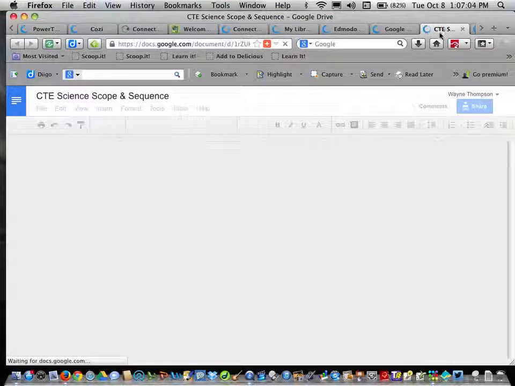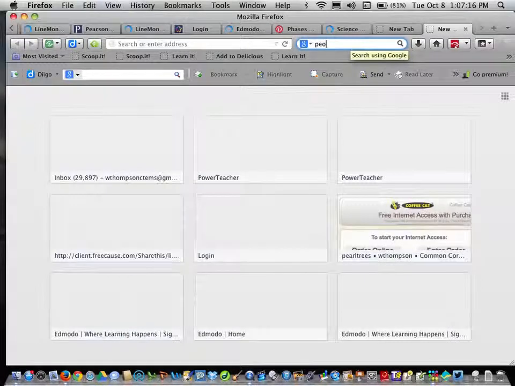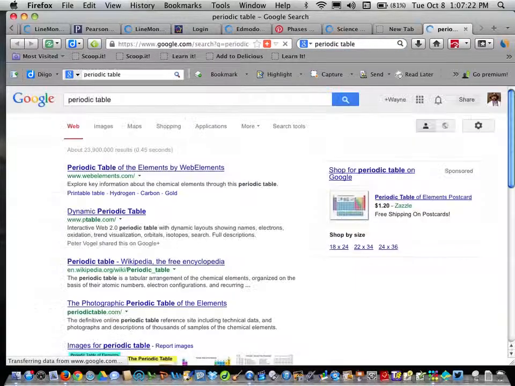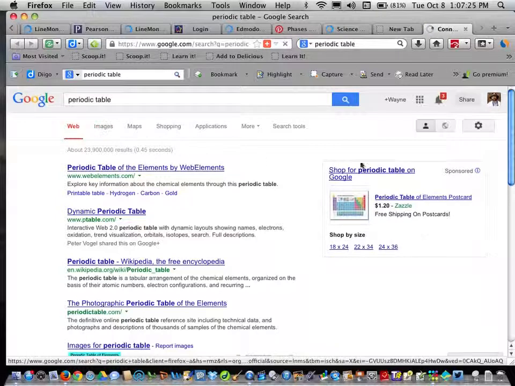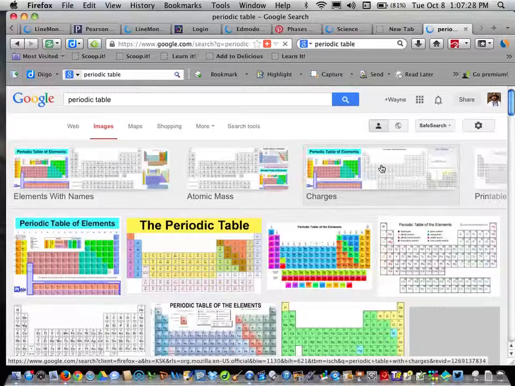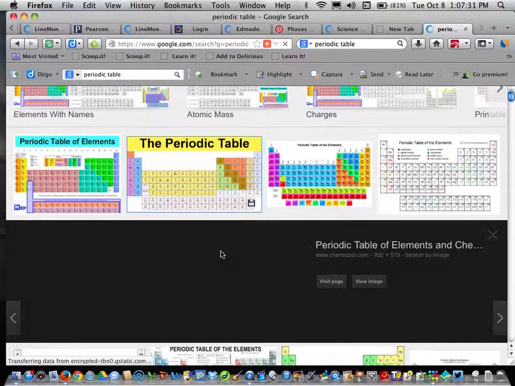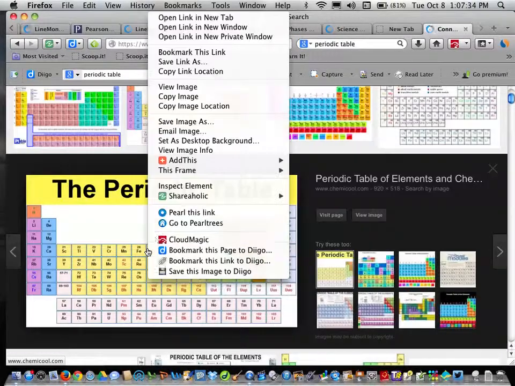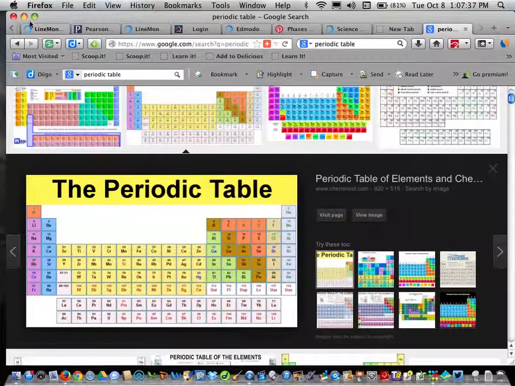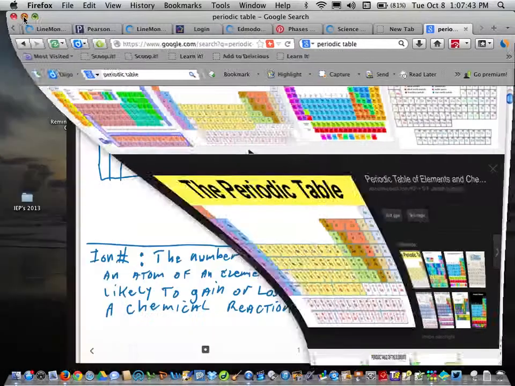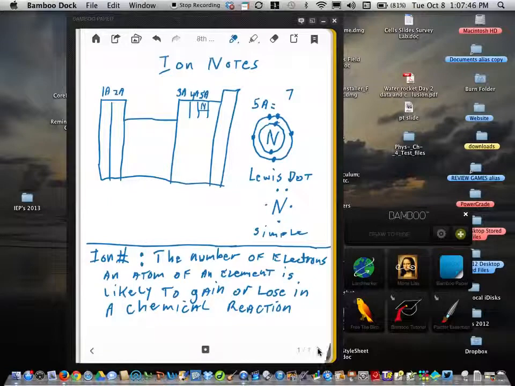So let's take a look at the periodic table.